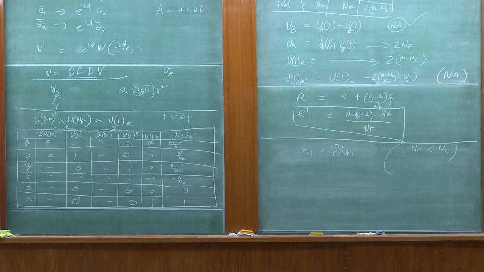A baryonic kind of object you might have tried to have. Okay? But for that, you need at least n different flavors, otherwise you get 0 because you're contracting with a completely antisymmetric object. So if NF is less than NC, we don't have to worry about that. We'll come back to that in a moment. We'll come back to higher values of NF and NC in a moment.